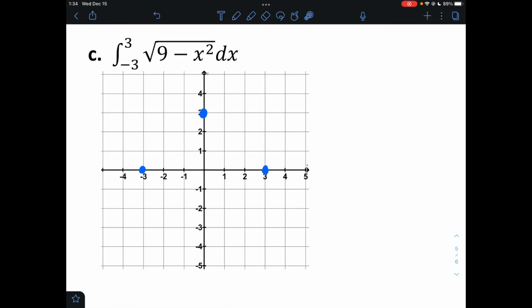And since this is a positive, it's just the top half of this circle. The area of a circle is pi r squared, but since this is half of a circle, it's going to be pi r squared over 2, which is just 9 pi over 2.